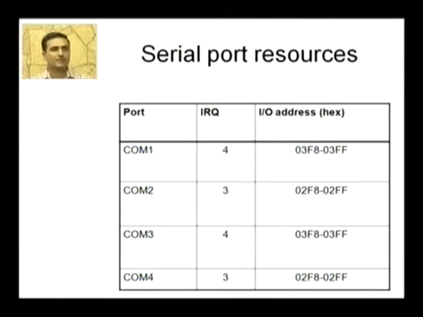As communication ports 1 and 3 use the same IRQ, and communication ports 2 and 4 use the same IRQ, that is the third, we can use 2 ports at a time.